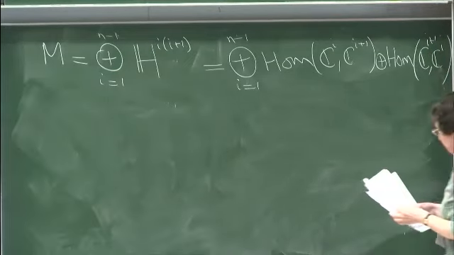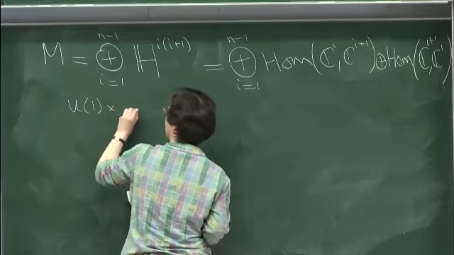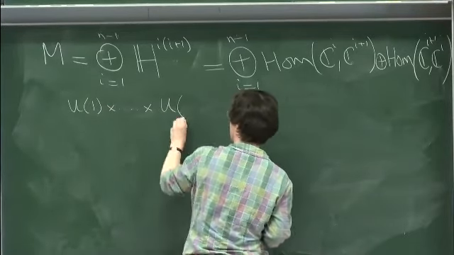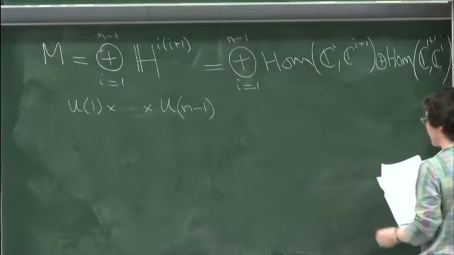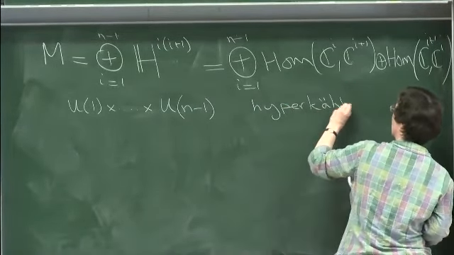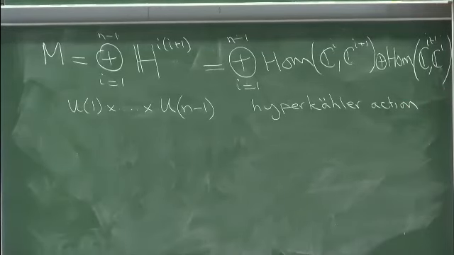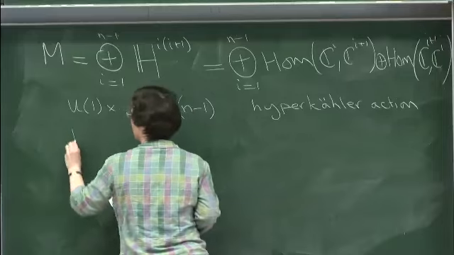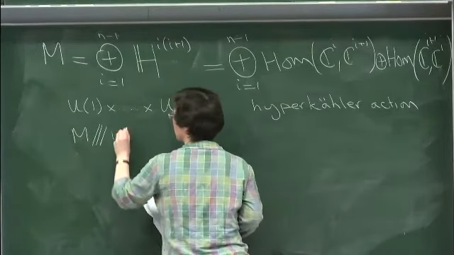And this is hyperkahler, and it has a hyperkahler action of the product of these unitary groups. Kronheimer and Swann looked at just the hyperkahler quotient of this by the product of the unitary groups.